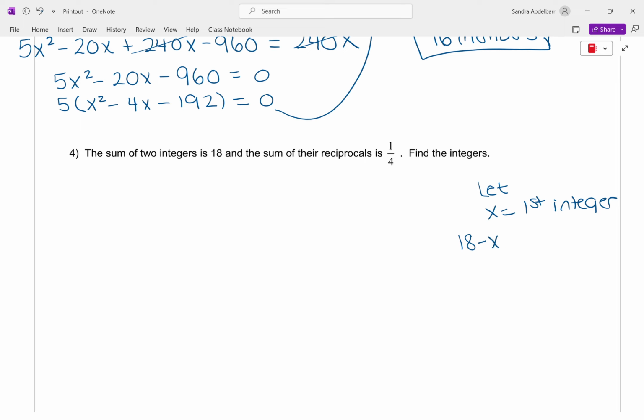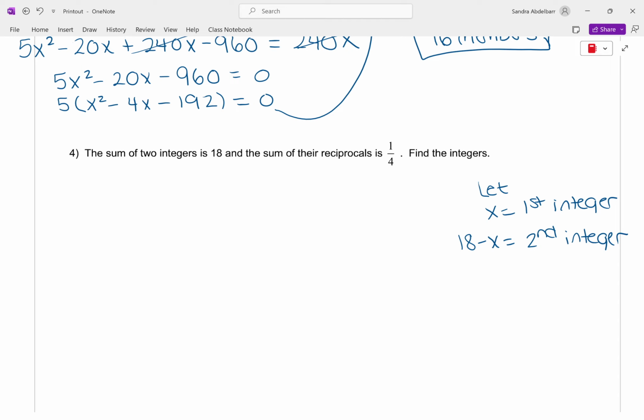Well, if the sum of these two integers is 18, wouldn't 18 minus x be the second integer? Okay, so those are our two integers, and it says the sum of their reciprocals.